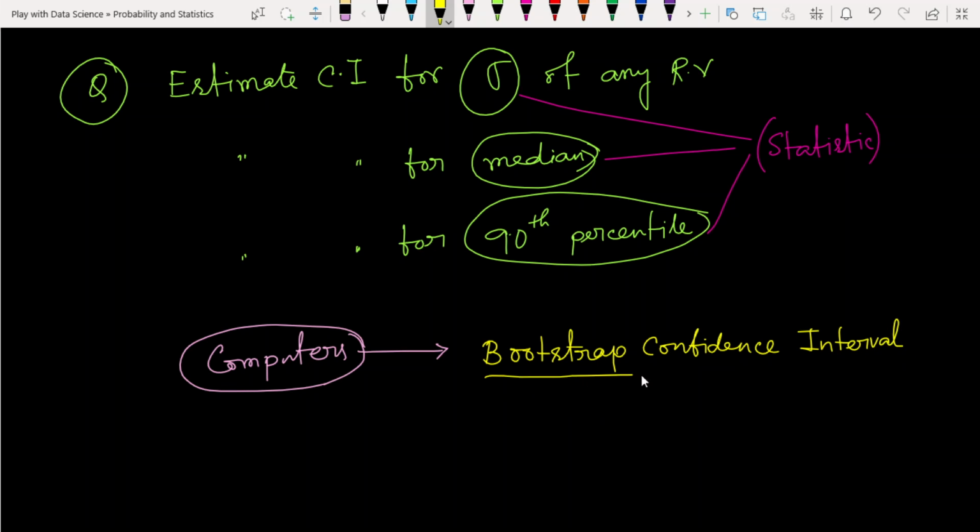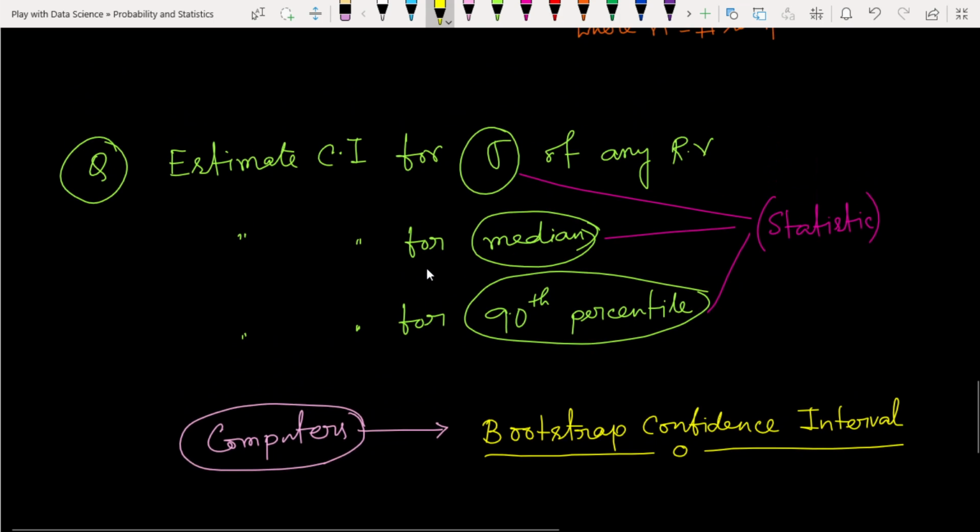We will see the bootstrap confidence interval in the next lecture. It is a simple, iterative technique. By using computational power, through iteration we will calculate estimates of the confidence interval of any other statistical parameters.